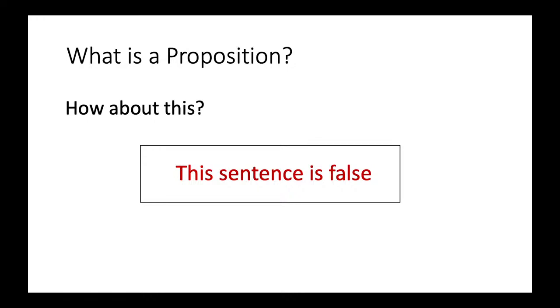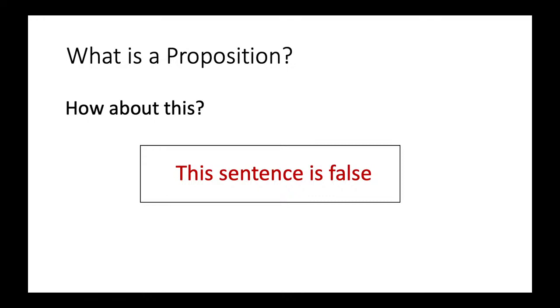If you want to make it a proposition, let's check whether this can be a true proposition. Now, if this is a true proposition, that means that what is written on it is true. What is written on it means the sentence written on it is true, but on the other hand, what is actually written is that the sentence is false.